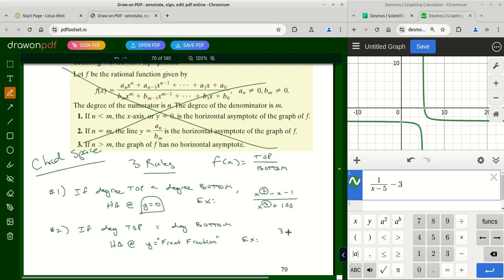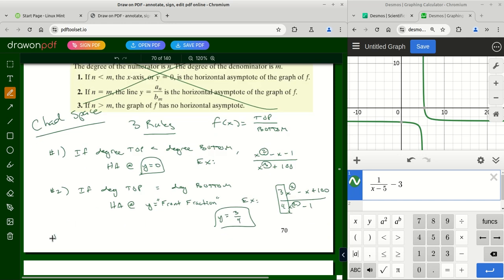Let's say that I have 3x squared minus x plus 100 divided by 4x squared minus 1. I'm just making stuff up. Notice right here that they're the same. 2 and 2 are the same. So the front fraction would be right here. In this particular case, I'd say 3/4. Now, if it were a way that you can reduce it down and make it look prettier, then do that. But this is your answer for that one right there.